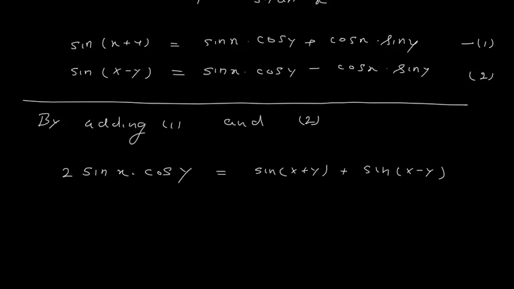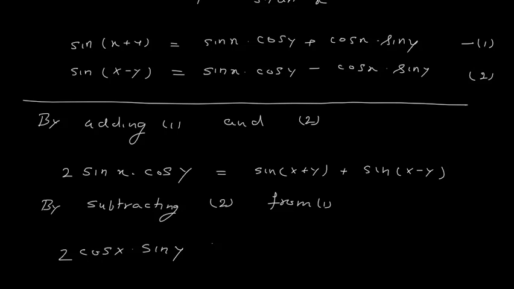And when I subtract 2 from 1, this part will cancel and I have 2 times cos x sin y, which is equal to sin of x plus y minus sin of x minus y.